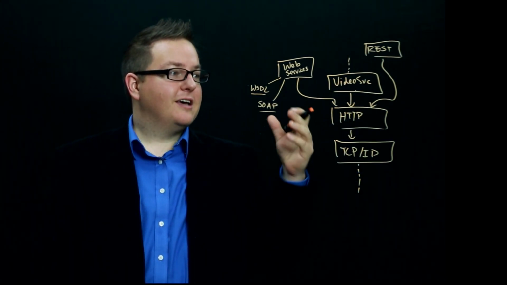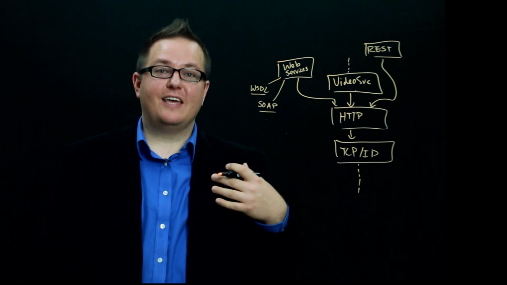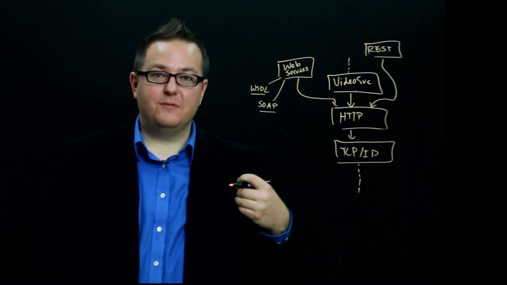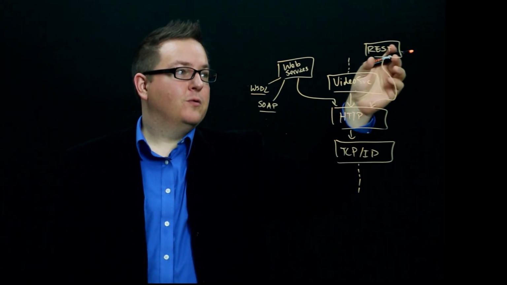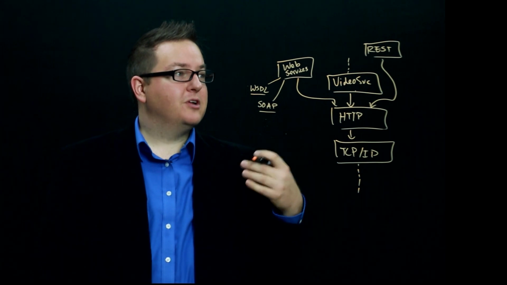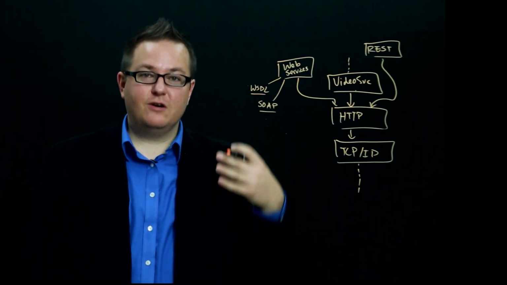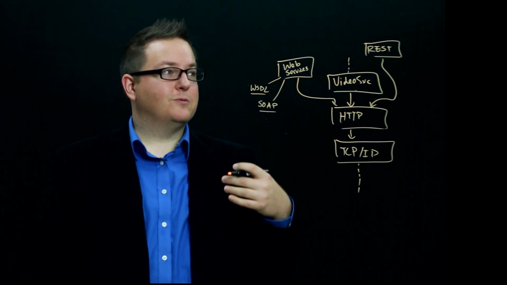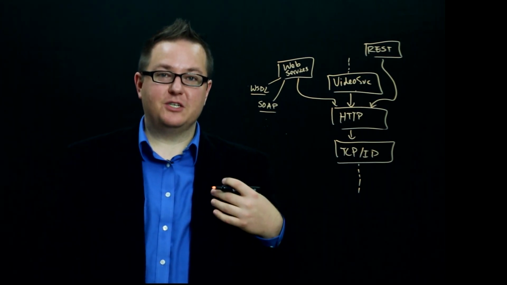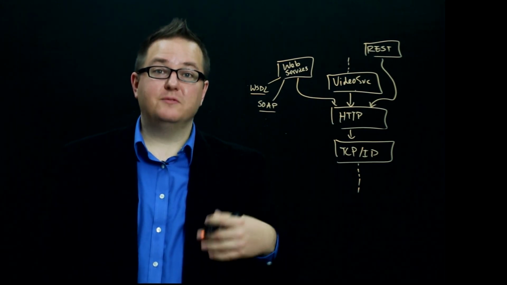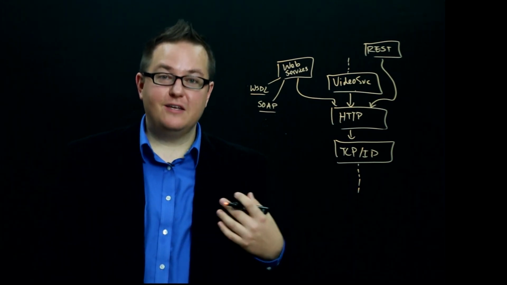Most of the people that say they have a REST API aren't actually doing what's described in full in the REST vision that Roy Fielding laid out in his dissertation. What they're doing is building a service that can be interacted with over HTTP and has REST-like properties potentially. So it may be doing some of the things that REST describes, but not all of them, or not doing any of them at all.